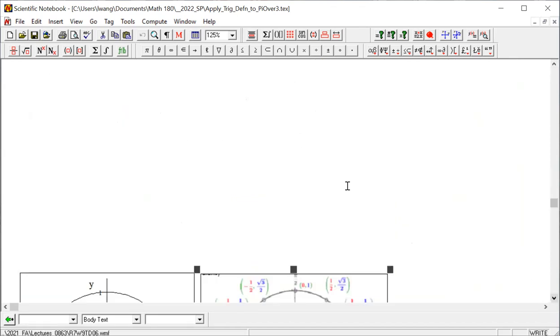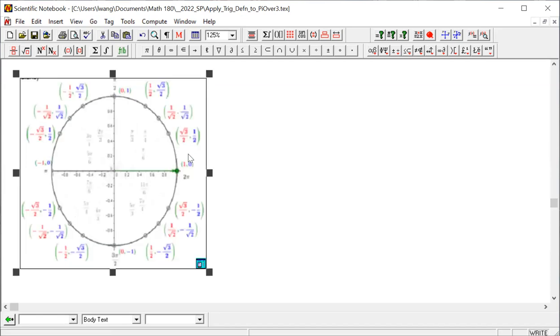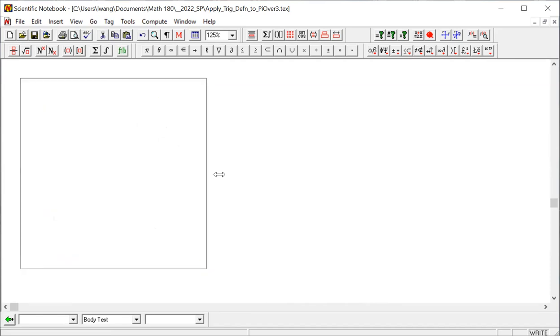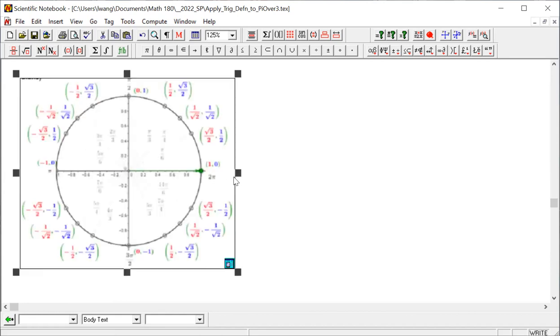Some of you probably memorize this by heart, right? So this is where we're heading. What we have been doing for reference angle 60 degrees, 30 degrees, 45 degrees, right? Pi over 3, pi over 4, pi over 6, all these cases we have studied, right?